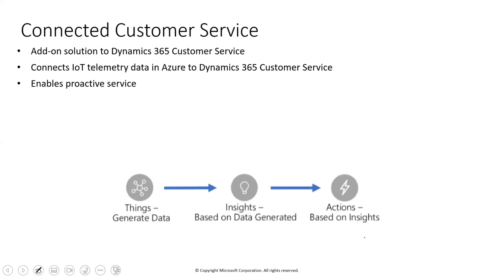In their basement we have set up an IoT device that would measure the water level of the basement. If the water level reaches more than 5.6 inches, I want to generate an alert, and accordingly I want to create a case in my environment. That kind of scenario can be applicable whenever we work with connected customer service.